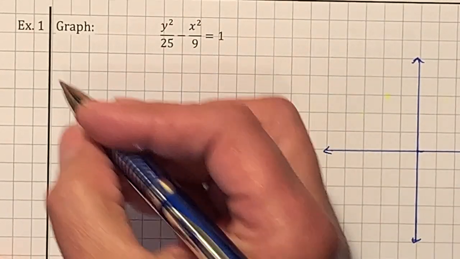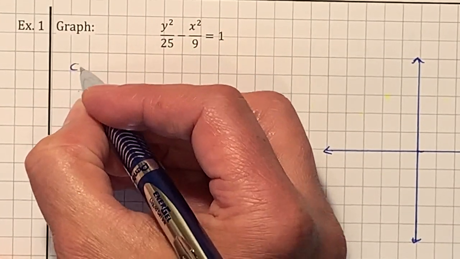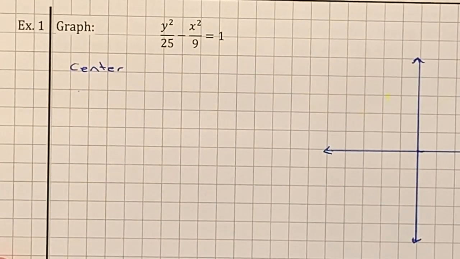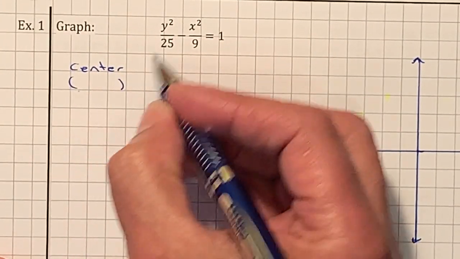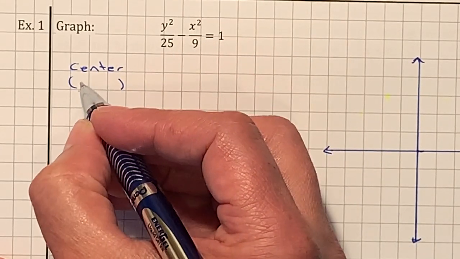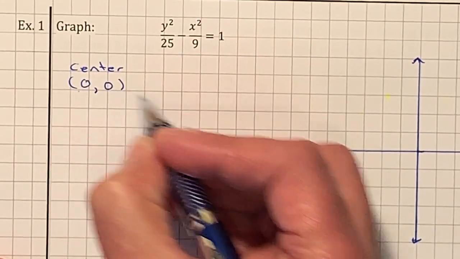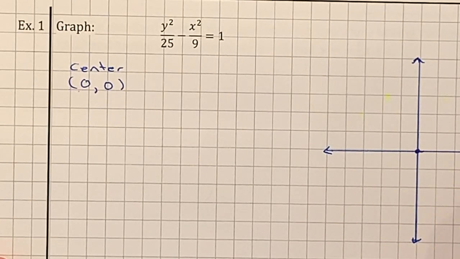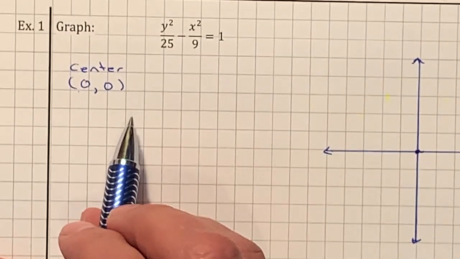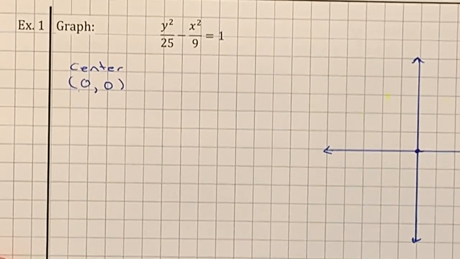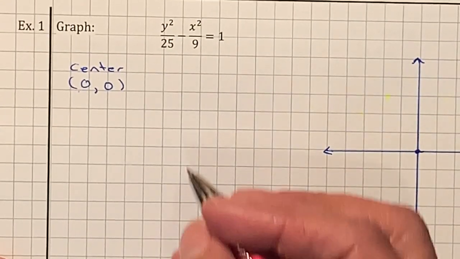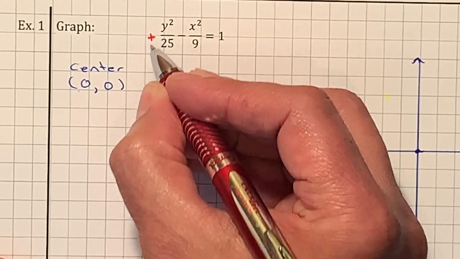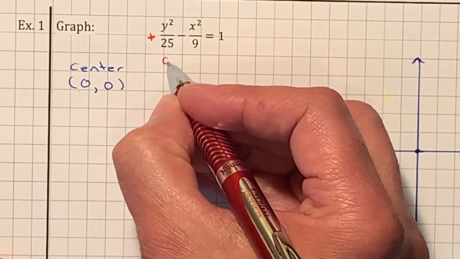So first, we are going to write down our center. Our center, once again, is h and k. If you notice, in this case, there's no h and there's no k, so it will be 0, 0. Next, I need to find my a value and my b value. In a hyperbola, your a value is always the one with the positive y squared. So this will be your a squared.